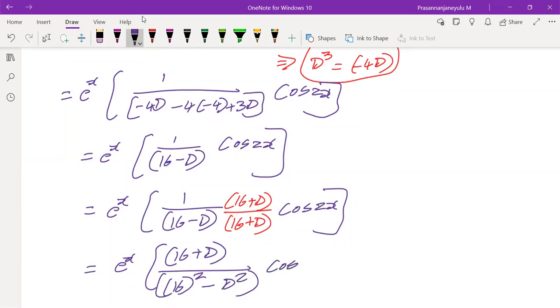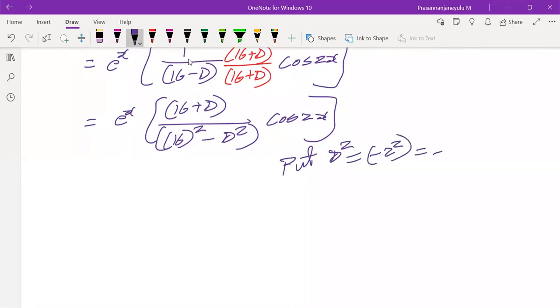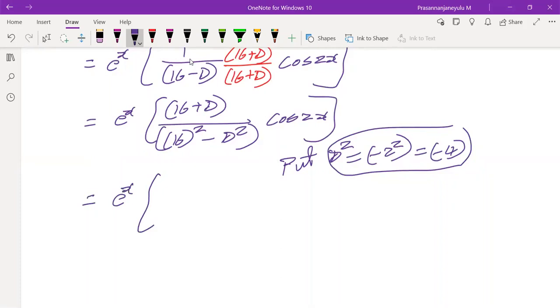Now, according to type 2, what we have to substitute? d square is equal to minus a square. The a value is 2. So put d square equal to minus 2 square, which is equal to minus 4. Then it becomes e power x into 1 by 16 square.